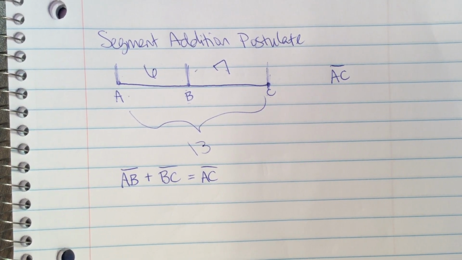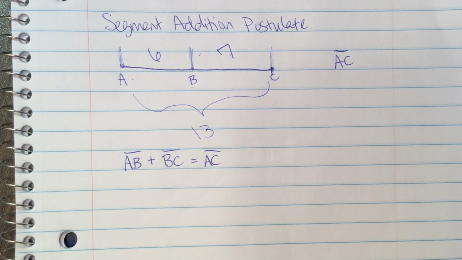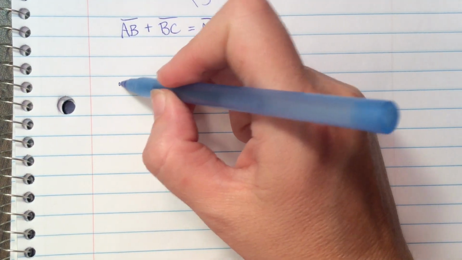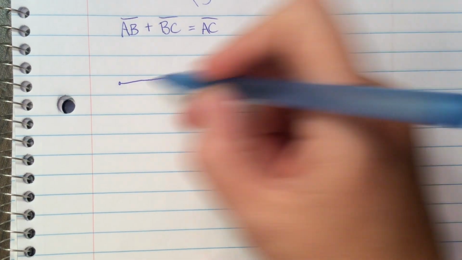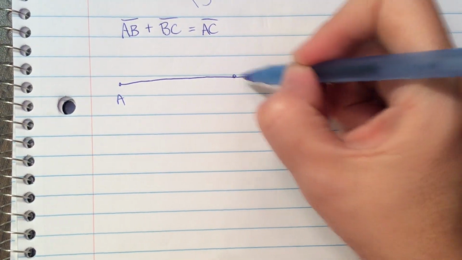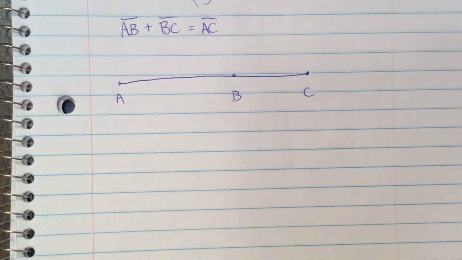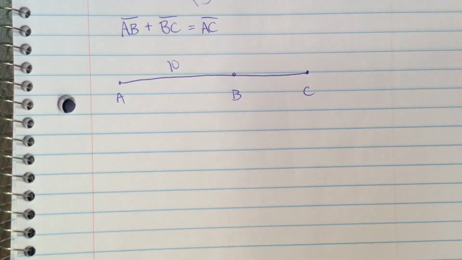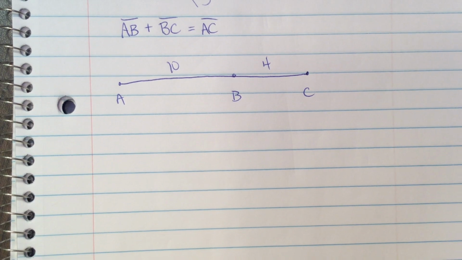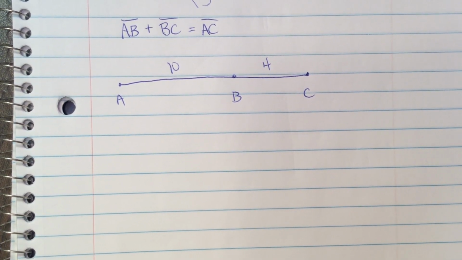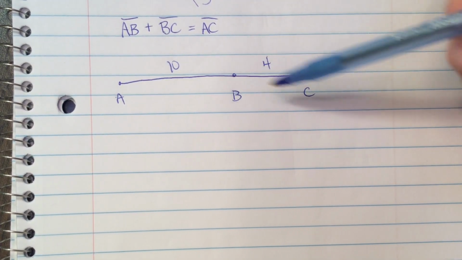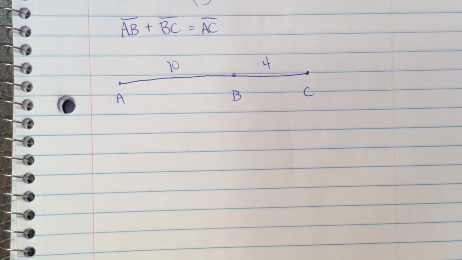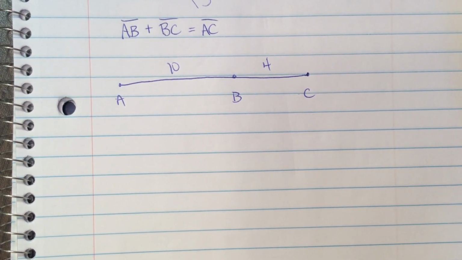So let's do a different example. We'll use the same letters just to keep it simple for now. Let's make this 10 and let's make this 4. What would the measure of segment AC have to be?